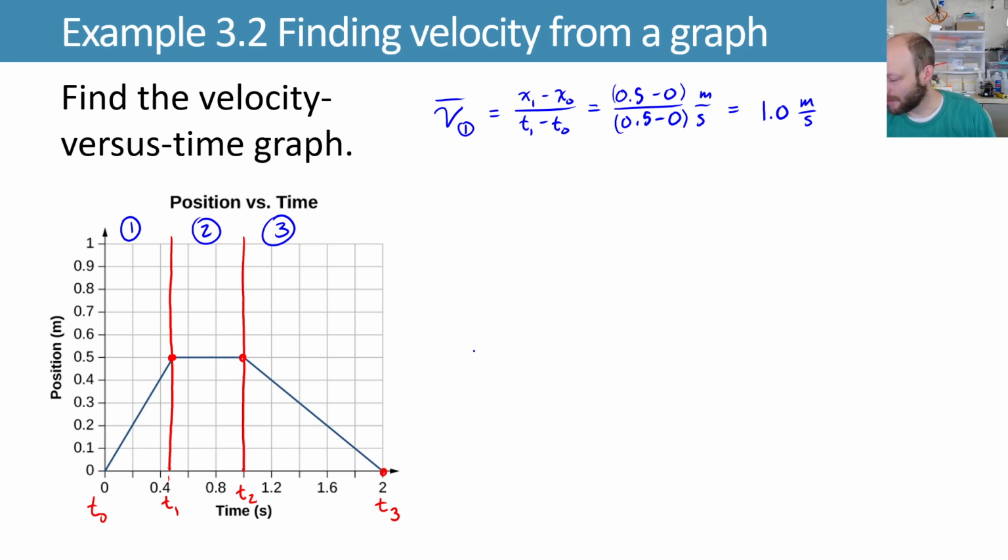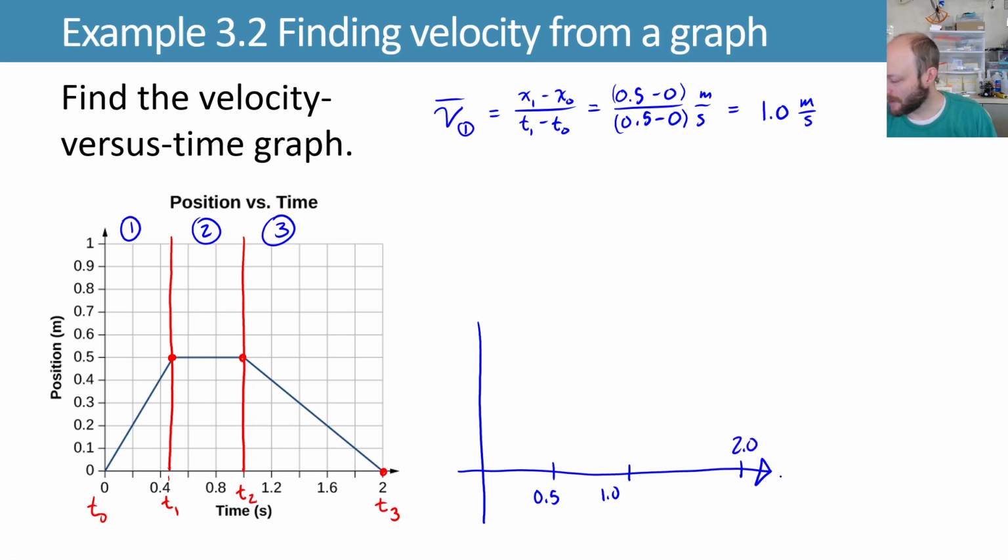I'll go ahead and put this down here. The important places are: we're going to have a time of 0.5, we'll have a time of 1, and then the next important time will be 2. So this will be 1, and this over here will be 2.